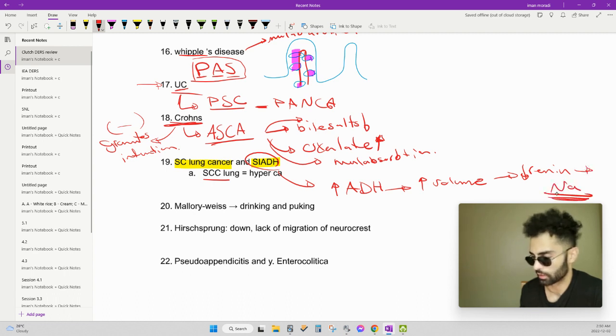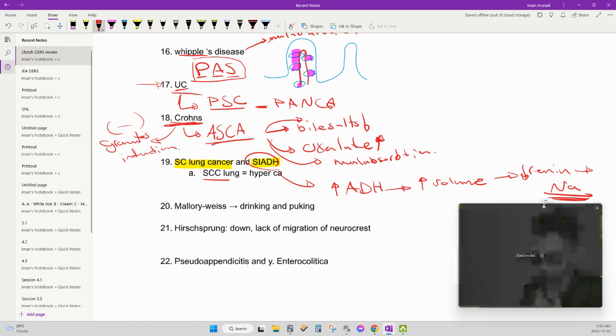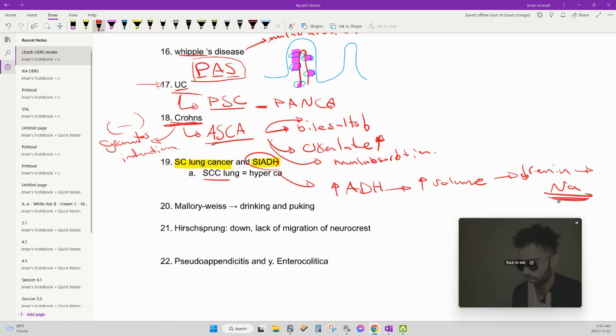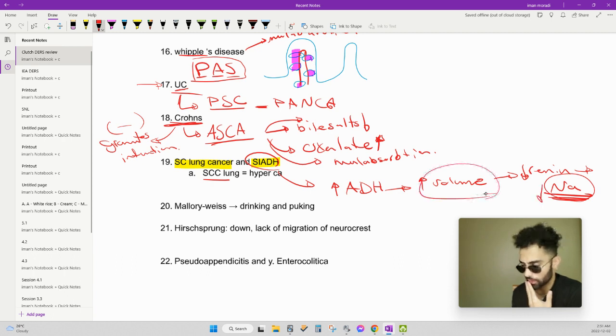So sodium goes down, and that's what really gets the patients. Low sodium is one of the important things.